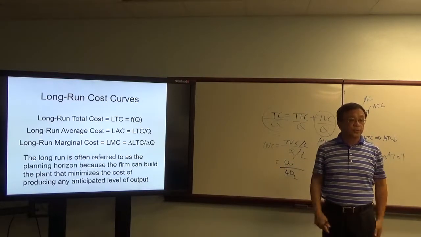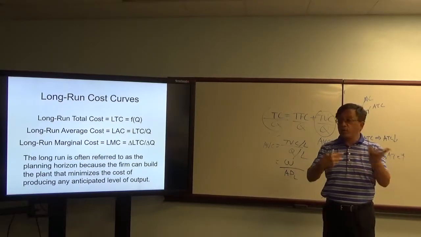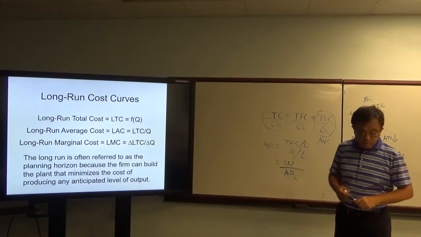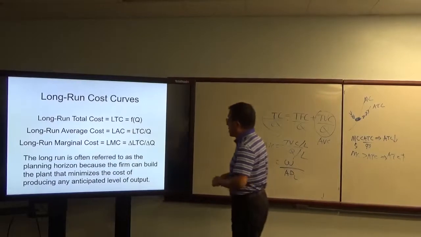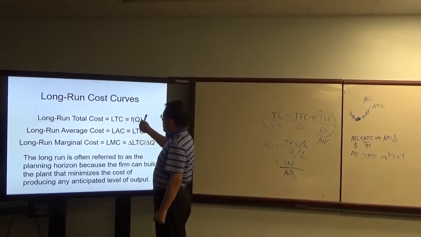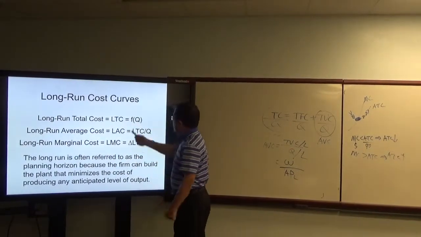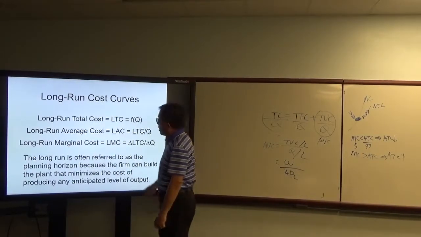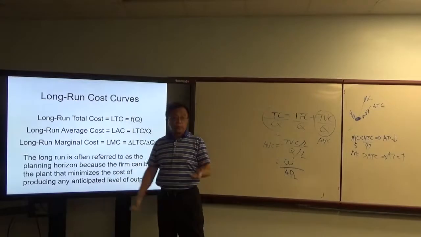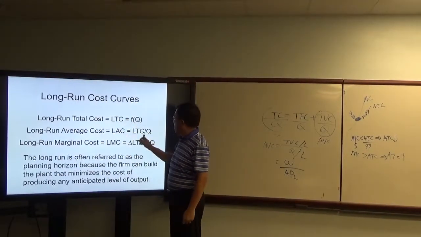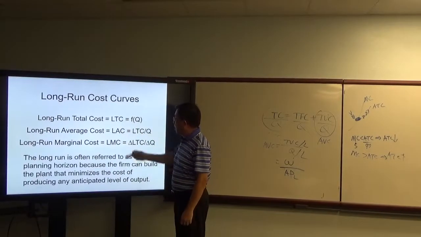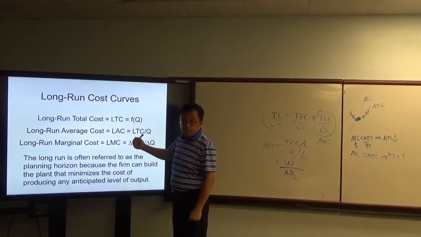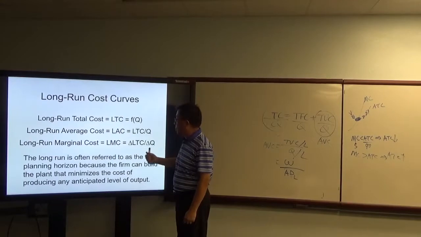There's only one cost, the total cost, because there's no difference between variable cost and fixed cost. The long run total cost is a function of output level. So the long run average cost is the long run total cost divided by the output, and the marginal cost is the change in long run total cost versus the change in output.